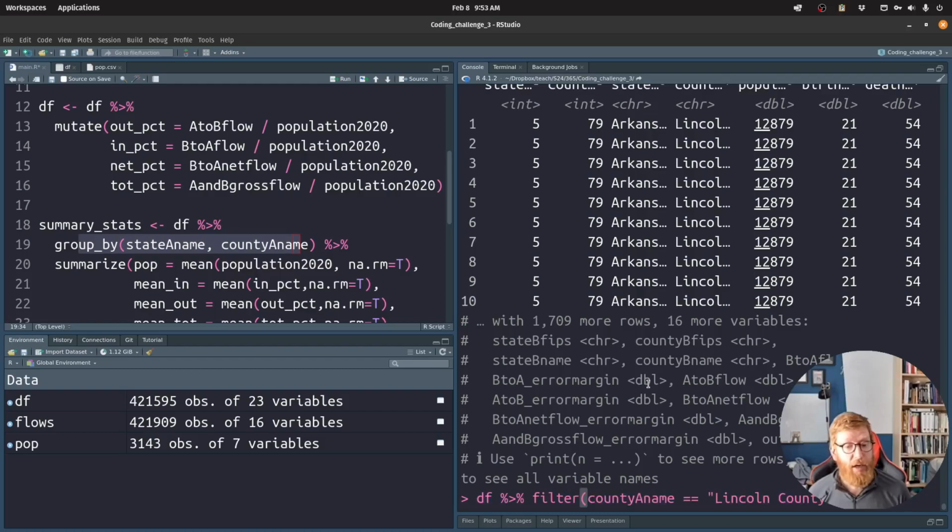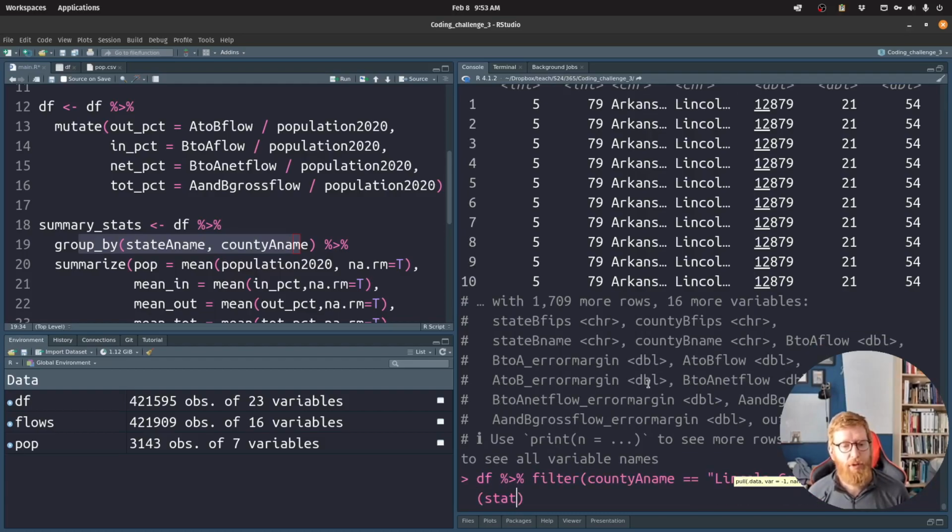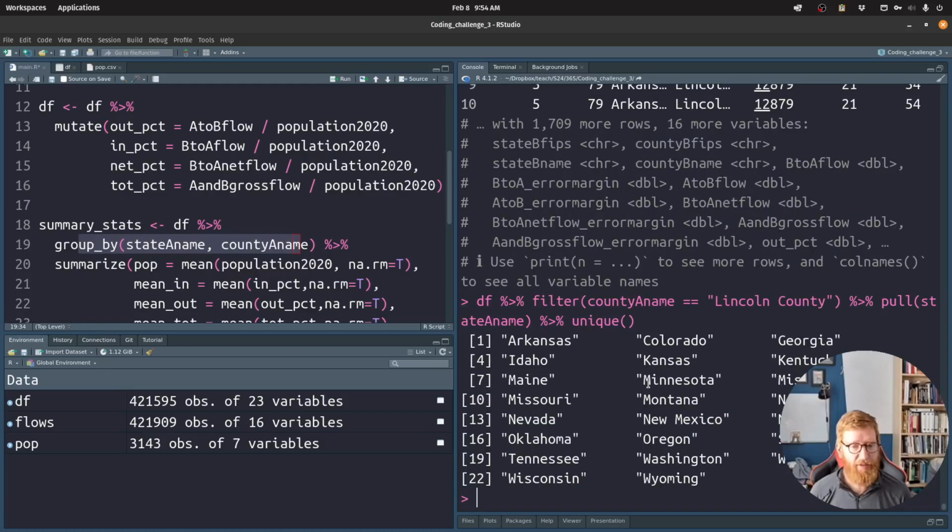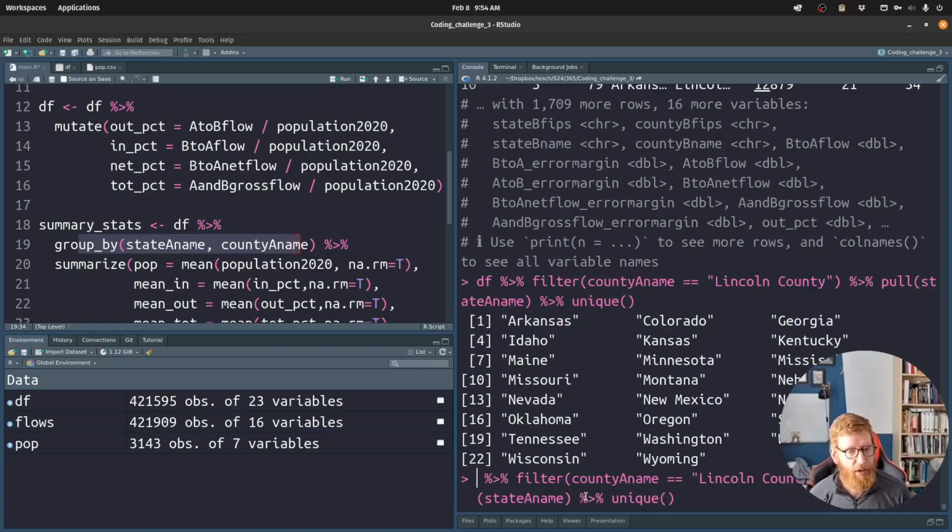We got a bunch in Arkansas. Let's go ahead and pull the state A name, and let's see what unique states we have in that list. So there are Lincoln counties in Alaska, Colorado, Georgia, Idaho, Kansas. Let's look at from POP.